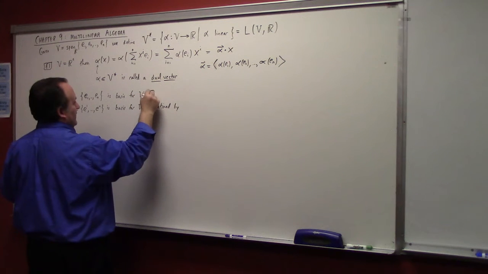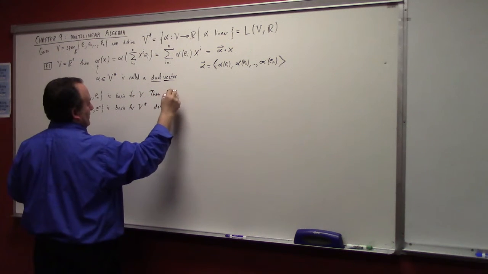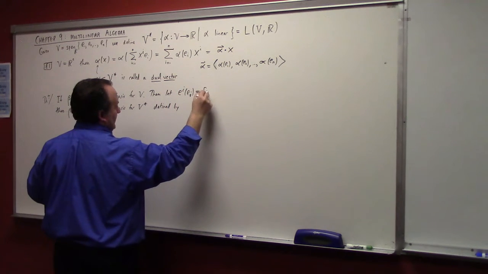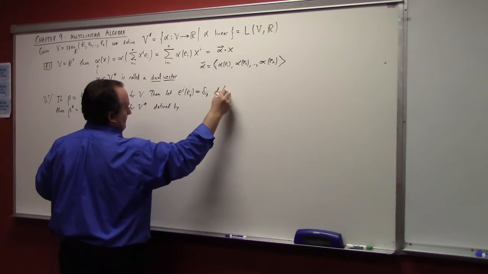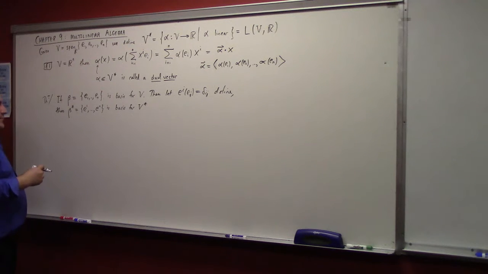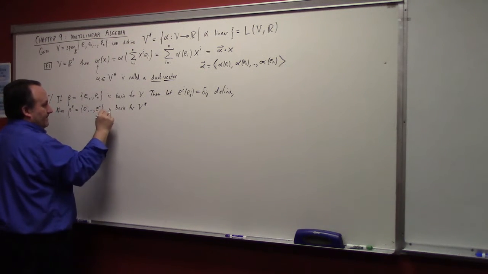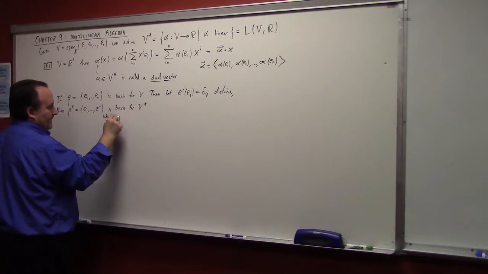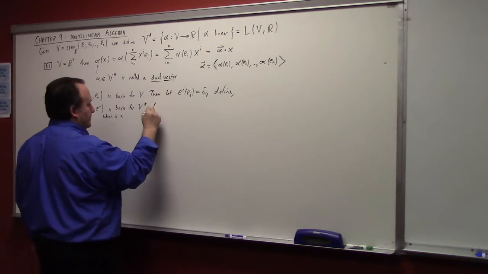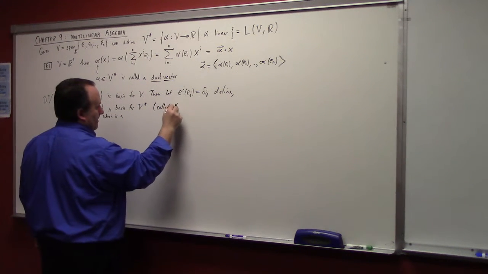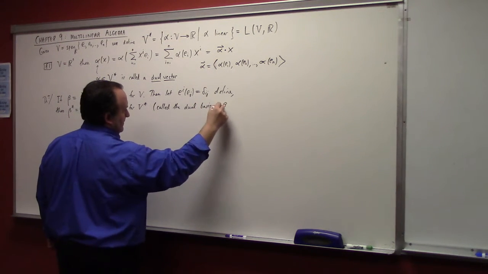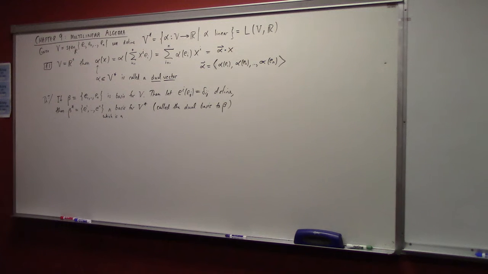Let e^i on e_j equal the Kronecker delta ij define this, which is a basis for V dual, called the dual basis. Dual basis to beta. So beta star is the dual basis of beta.